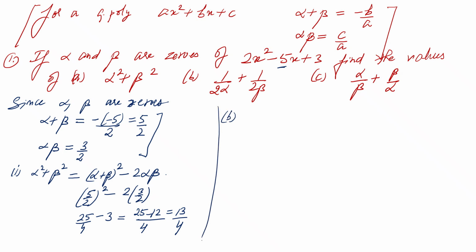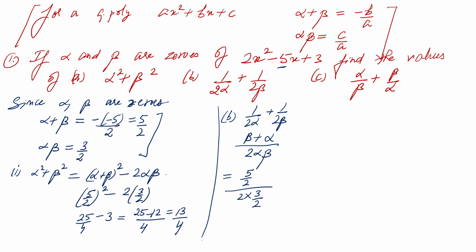Let's say for the second part, 1 over 2 alpha plus 1 over 2 beta. Take the LCM, it will be 2 alpha beta. It will be beta plus alpha. So now we know the value of alpha plus beta. This is 5 upon 2 whole upon 2 times alpha into beta, and this is 3 over 2.